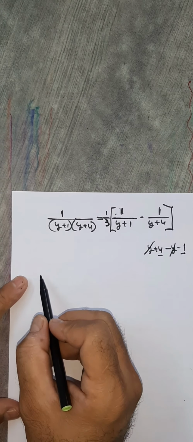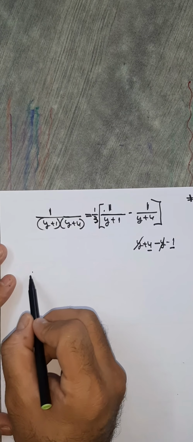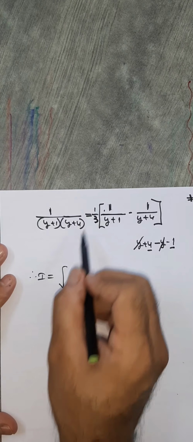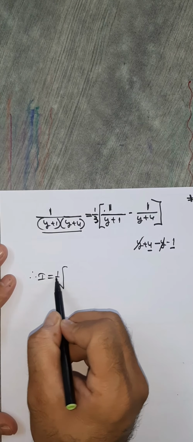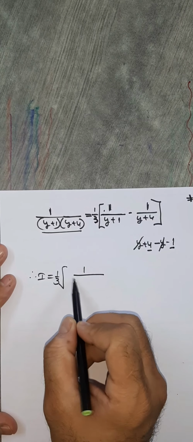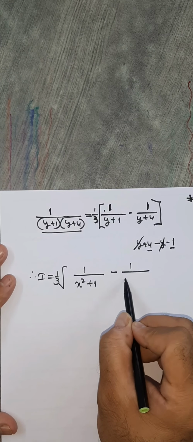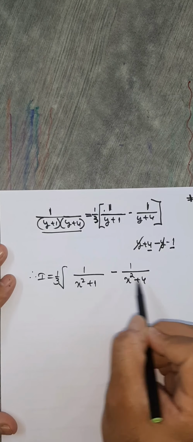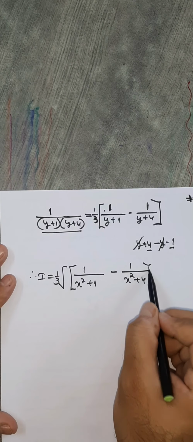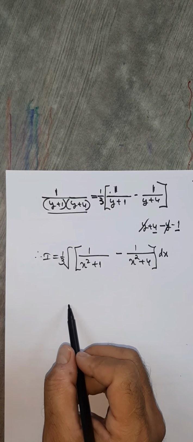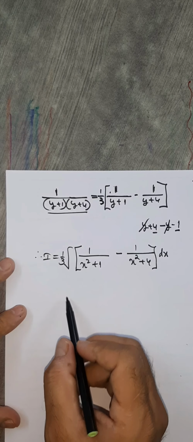So therefore now I, meaning the given integral, is 1 by 3 outside, and we are placing 1 upon, what is y? x square plus 1 minus 1 upon, what is y here? x square plus 4. This is just to simplify the function, remember I have not converted into dy. You must see those two questions.